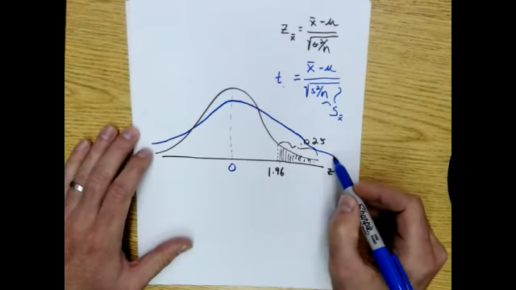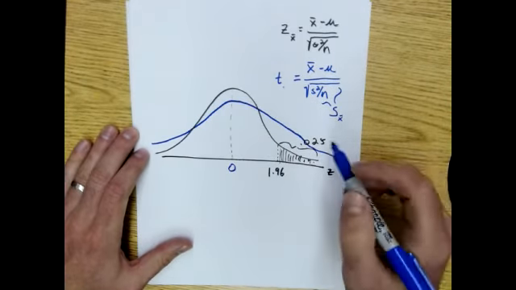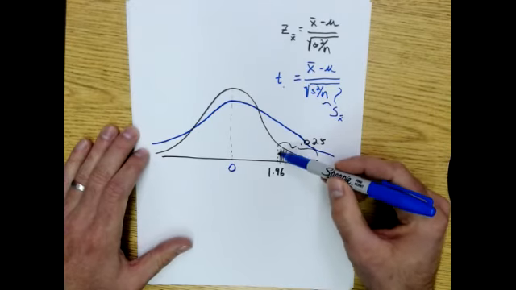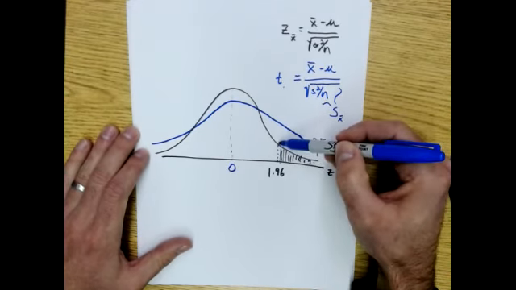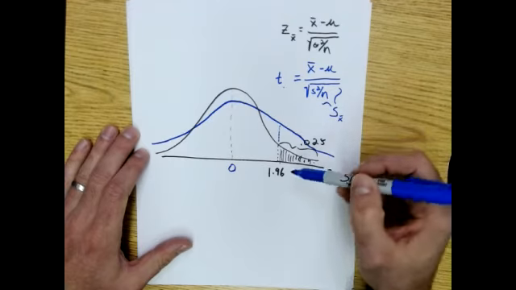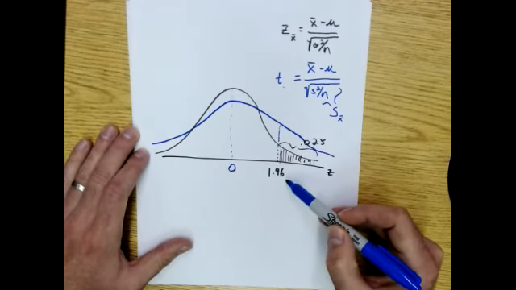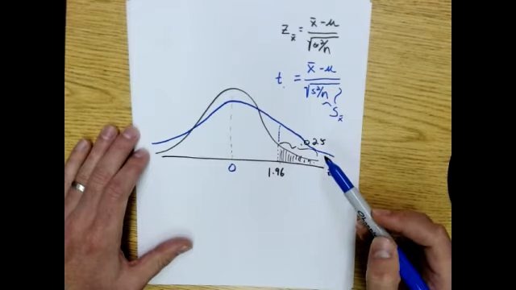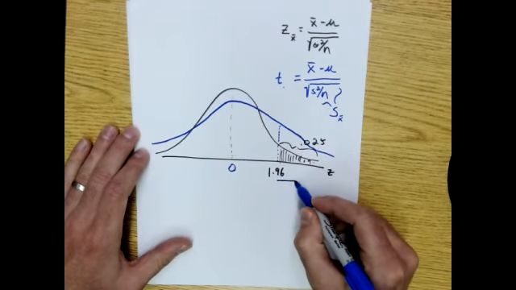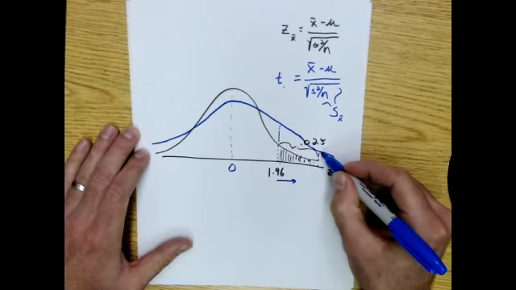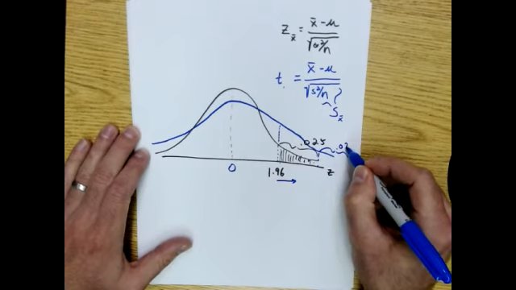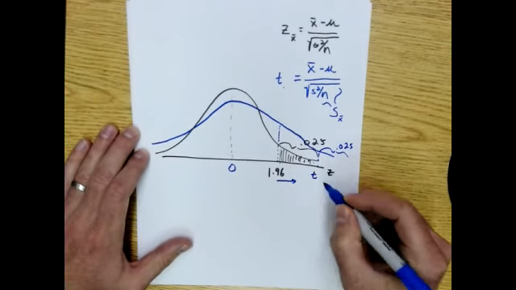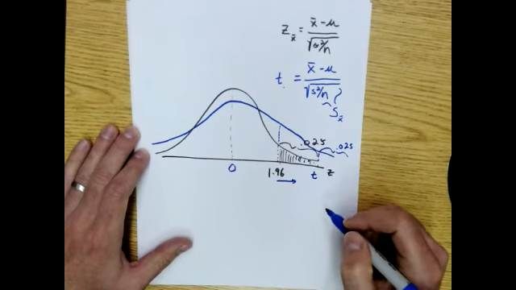But with this student T distribution, if I wanted that same area of 0.025 in this tail, and I keep using the same value that I would have used for the standard normal distribution, that area is going to be much larger. So in order to get 0.025 in that upper right tail, instead of using 1.96, I'm going to have to use a T value that's something higher than that.